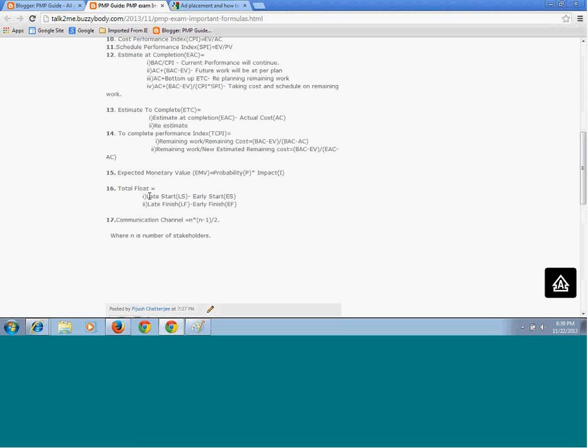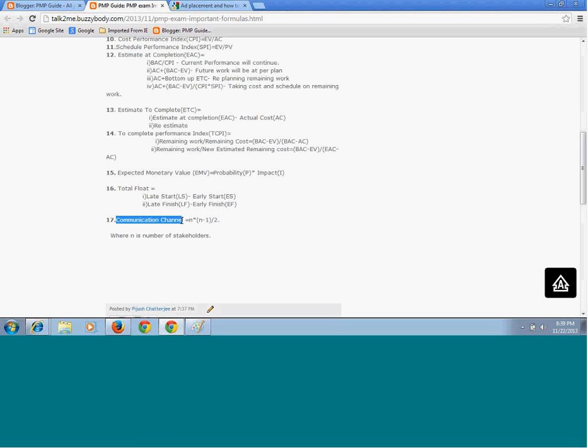But you can also start from day 4, and that won't affect your project schedule. So total float in that case will be 4 minus 1, which is 3. This is how you calculate total float. Don't be confused by the name total. It is not the sum of anything. It is just about the particular activity, how much it can be delayed.